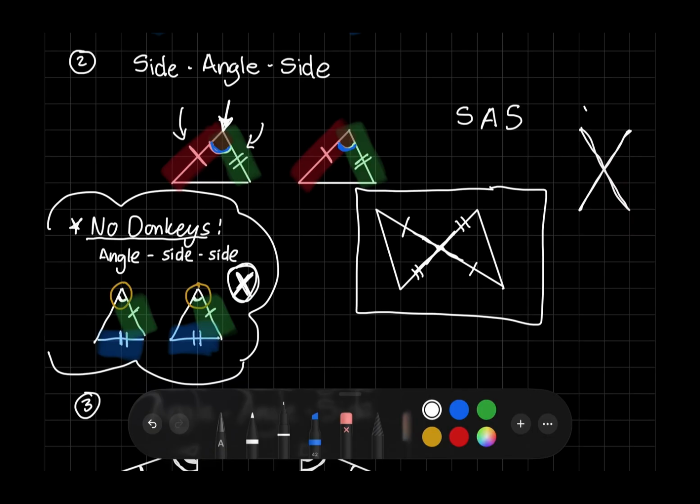Remember, a vertical angle is going to be the angle that is opposite of the intersection. So this angle has a vertical angle of this. Remember, vertical angles are always congruent.